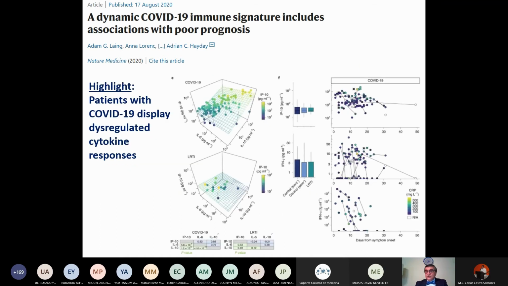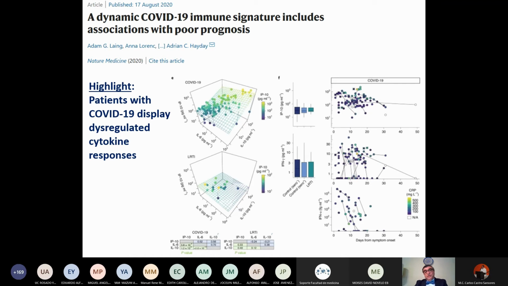I don't want to go into it because I'm getting close to my presentation. This study further elaborated on the expression of immune markers, especially IL-6, IL-10, and interferon-inducing proteins. You can see the extent and level of expression in COVID patients is significantly higher, with higher frequency, compared to lower respiratory tract infections.